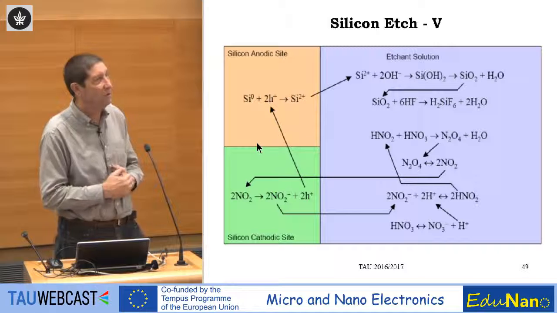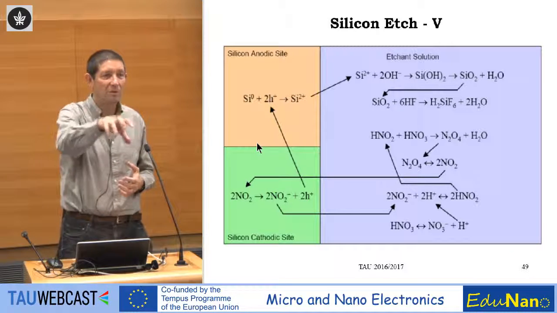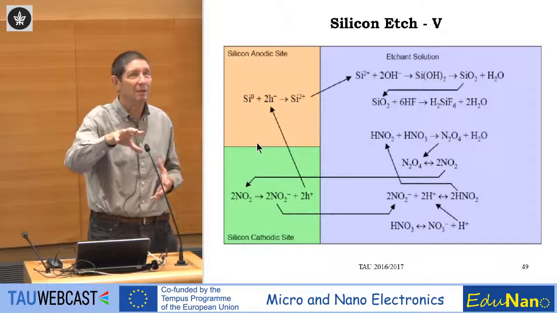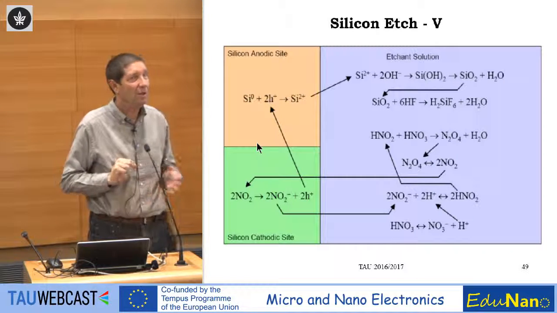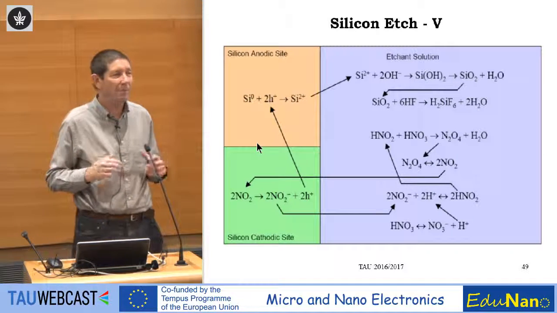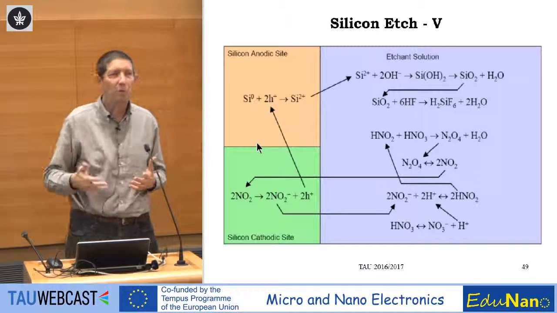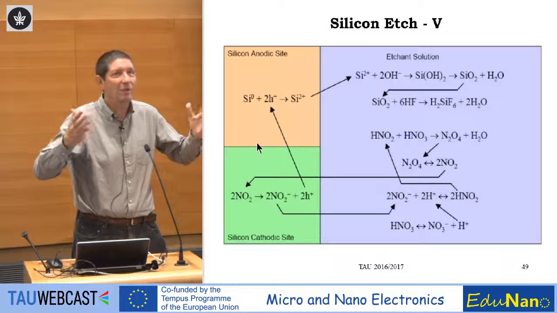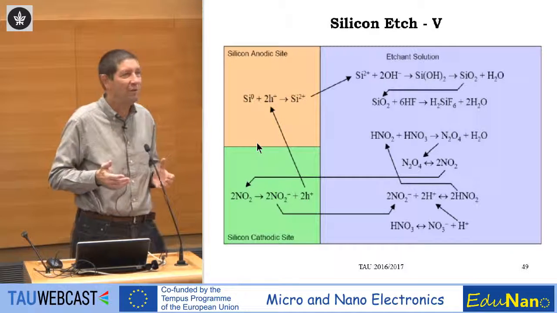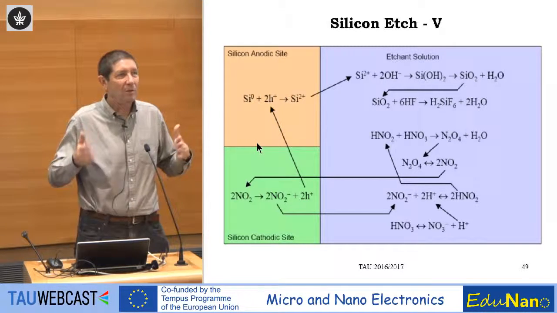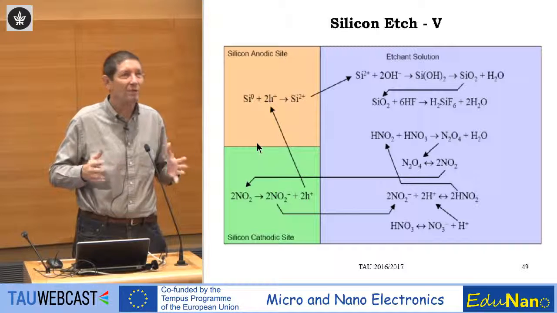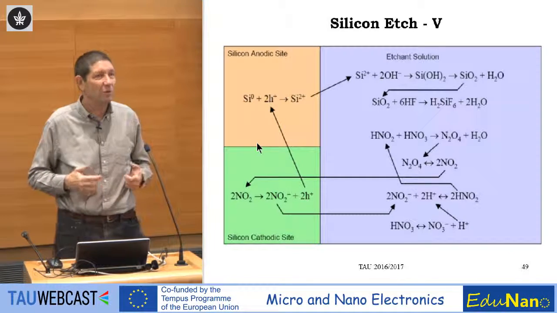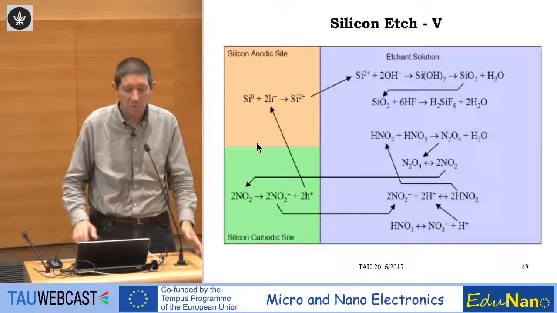In some processes you can induce etching only on the spots that you illuminate. So you can even do direct printing using this kind of etching, and some people use it in some processes. The main problem of photo-induced etching is that the resolution depends on the wavelength of the light, so you cannot etch with a resolution of less than a few microns. But if you have larger features, you can use photo-induced etching.